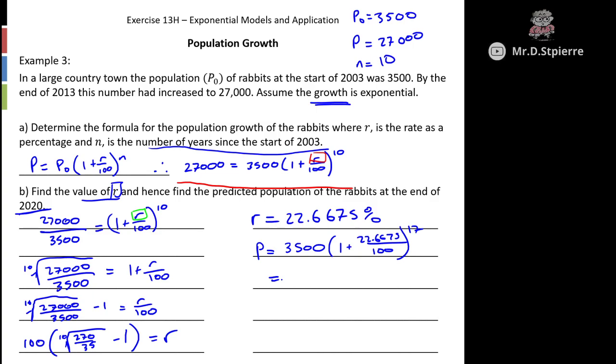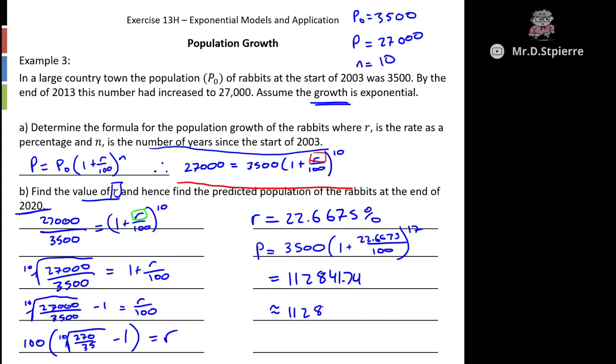Divided by 100 to the power of 17, we get 112,841.74. Okay, which is roughly equal to 112... I left a 1 out.